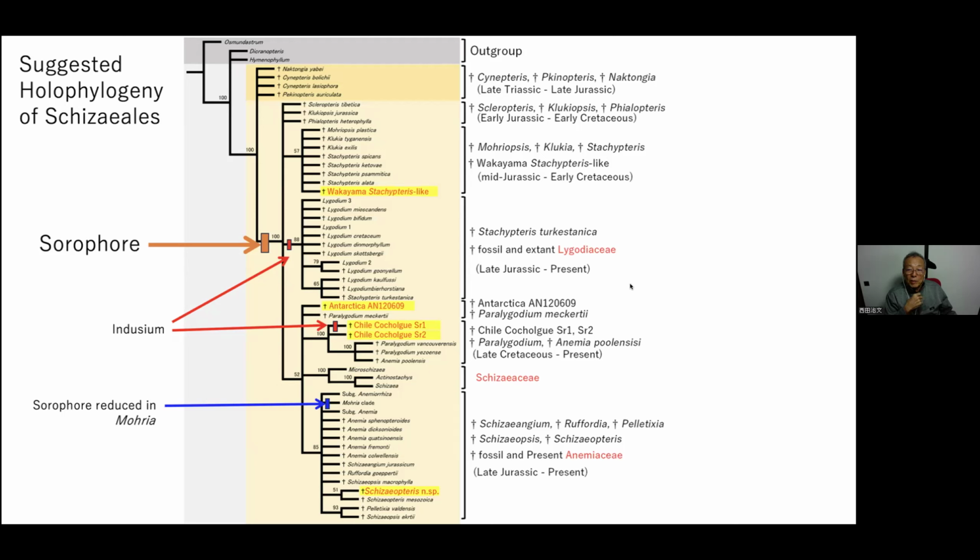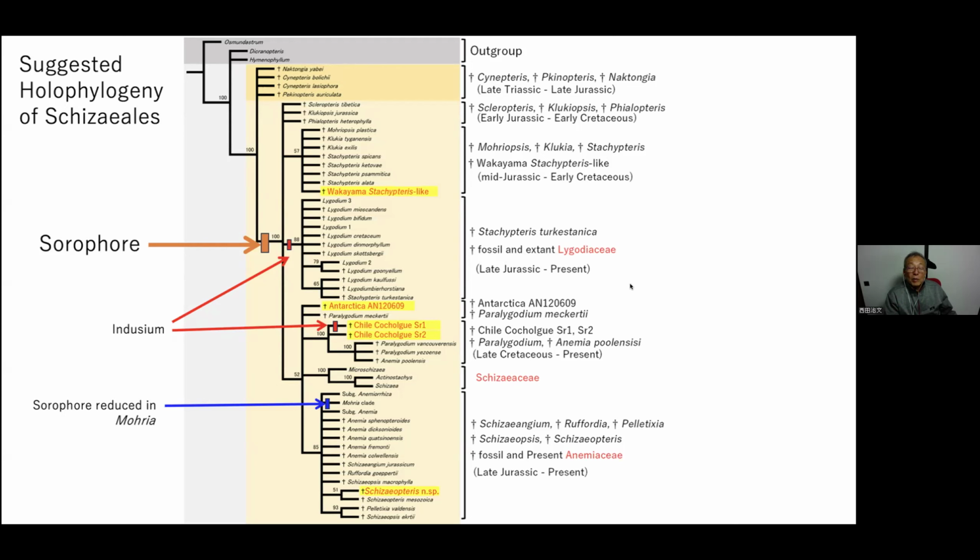And also in 2016, I visited Antarctica again. And the typical sediment you cannot see because of the glacier and ice. But the specimens probably came from the Cretaceous sediments.